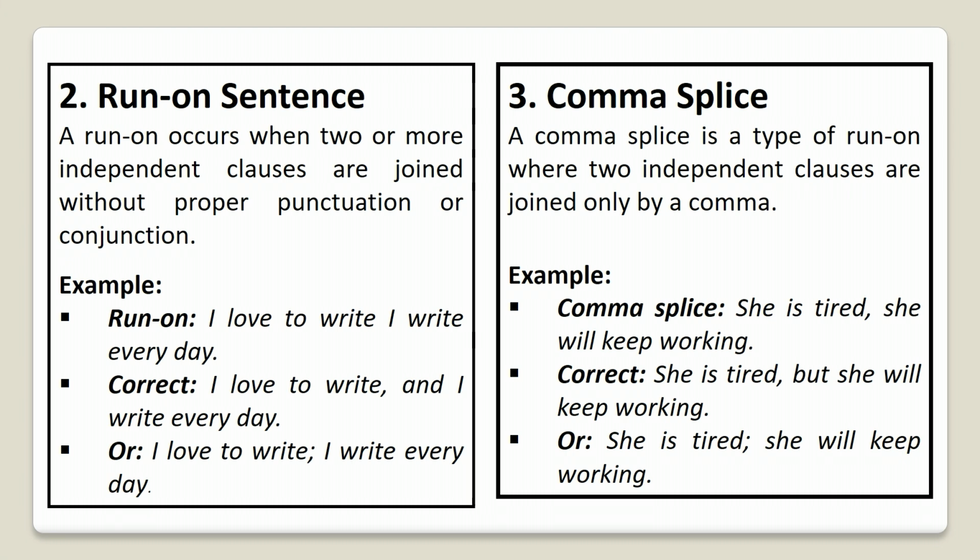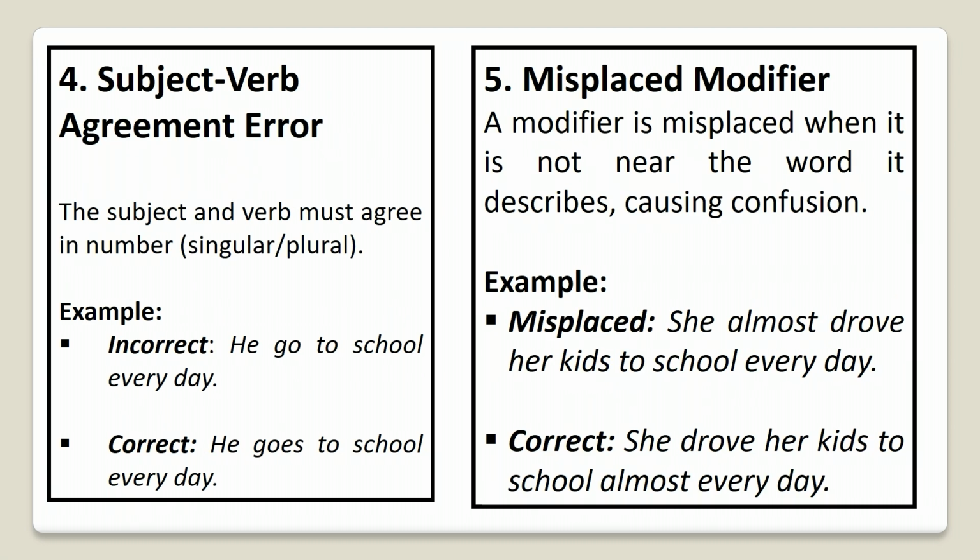Or we can write, she is tired; she will keep working. That is a better, correct way to write sentences and to fix comma splices. So these are the tips we should follow. Number 4, subject-verb agreement error. The subject and the verb must agree in number: singular with singular, plural with plural.